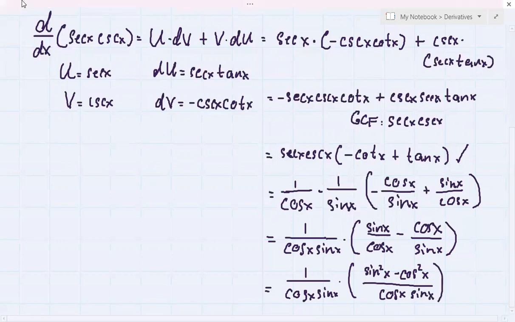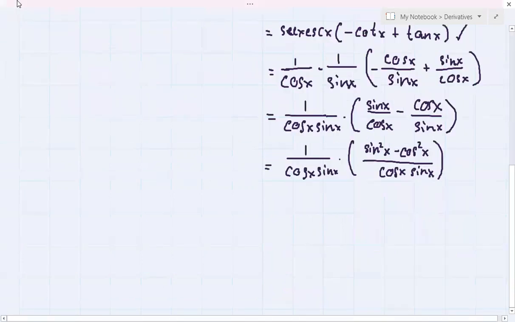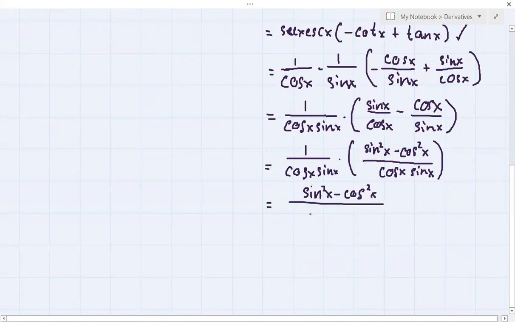And if you multiply 1 all over cosine x sine x with the one in parentheses, then we will have our final answer: sine squared x minus cosine squared x all over the square of cosine x and the square of sine x. This is how it will look.